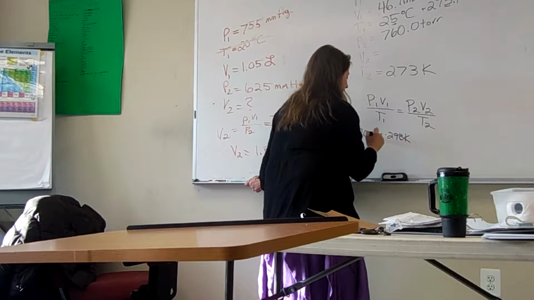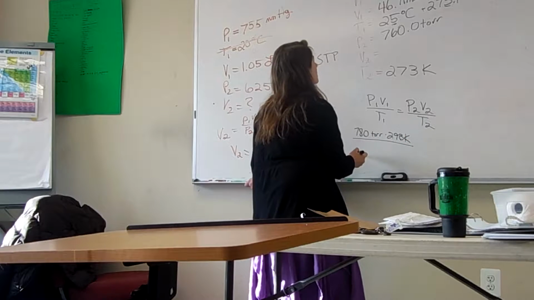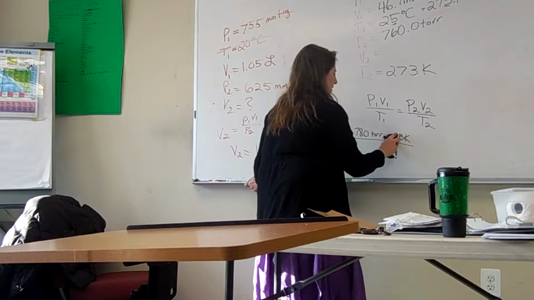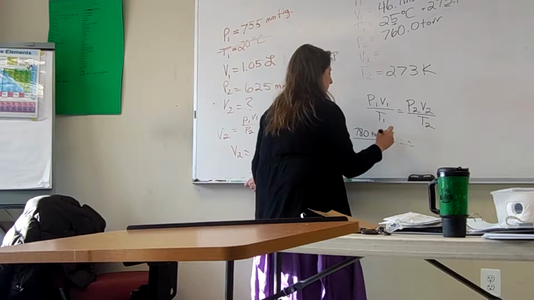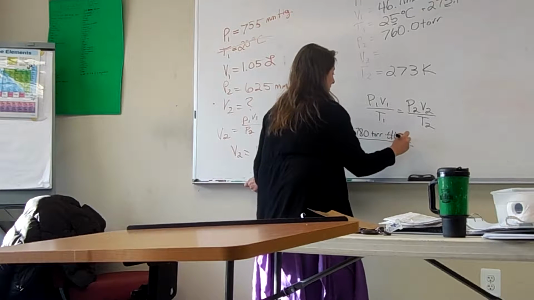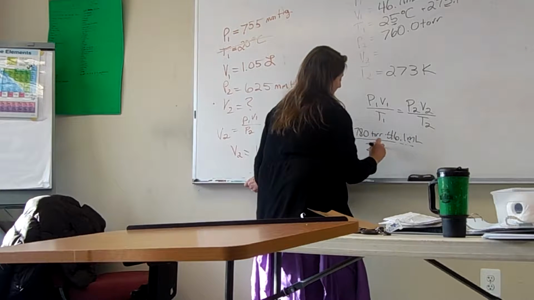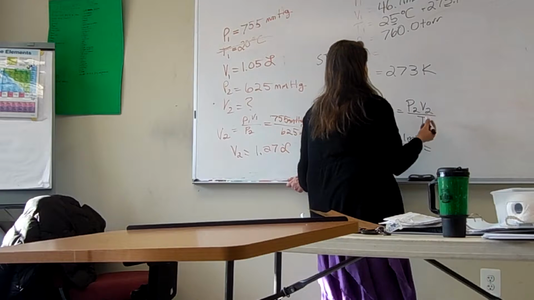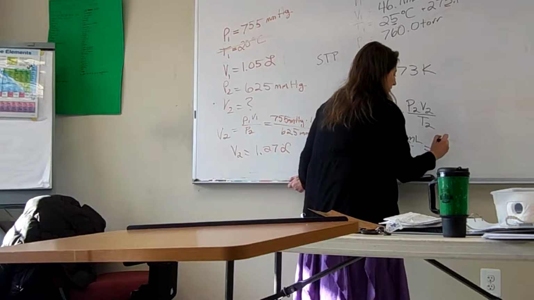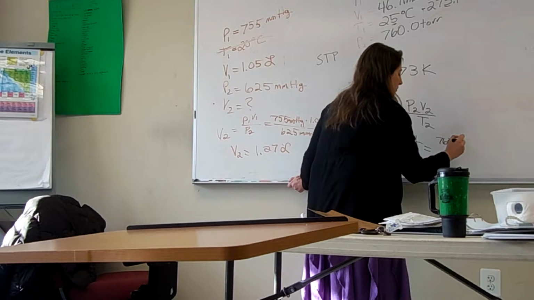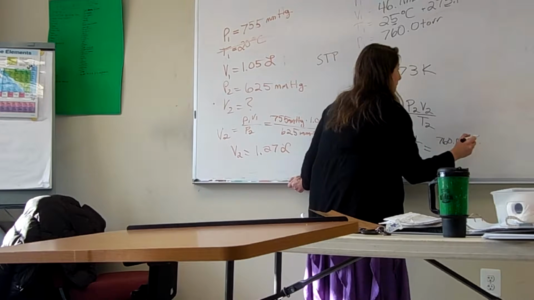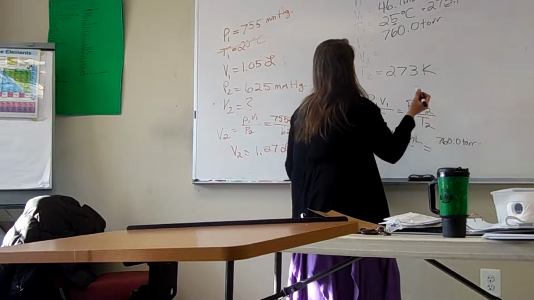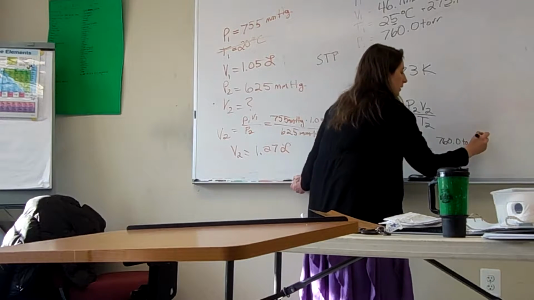298 Kelvin. I can see how it's easy to make little mistakes. But show your work, you get partial credit even if you make a little mistake if you've shown your work.